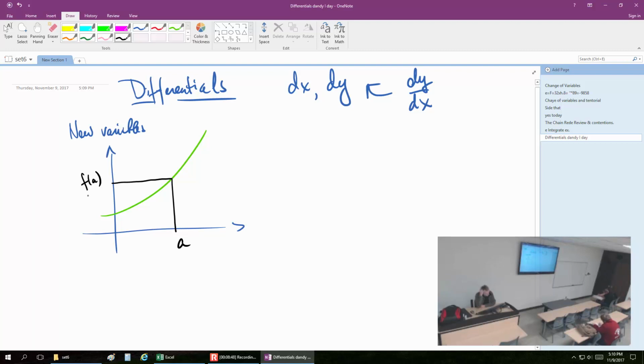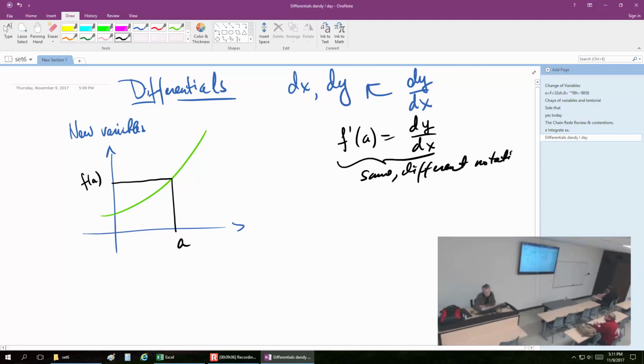And then what we do know is that we can write f prime of a is equal to dy dx. That's just two different notations. Same, different notation so far.